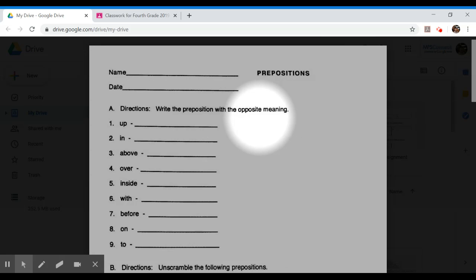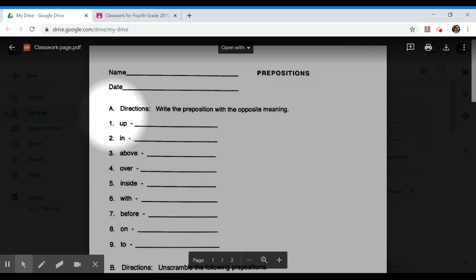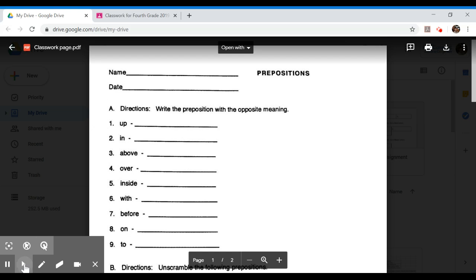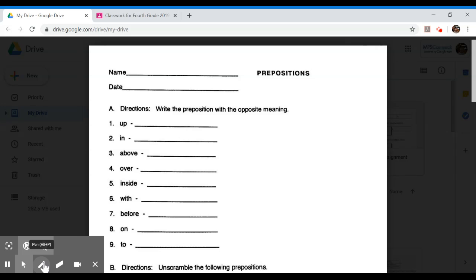So I'm going to reread this direction very carefully. Directions: Write the preposition with the opposite meaning. Okay, opposite means different from what it says there. So, for example, I know that the opposite of up is down.